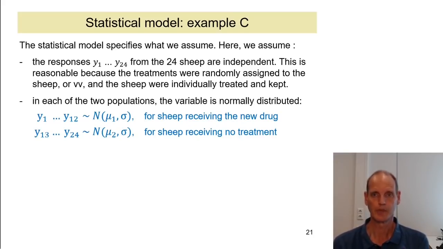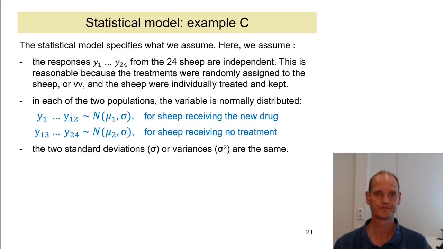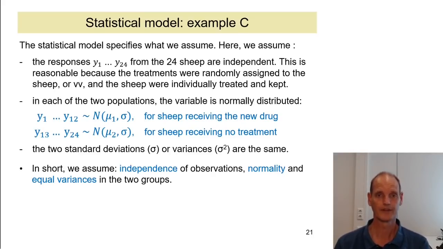In each of the two populations, the variable is normally distributed. That is the second assumption. The means in these two normal distributions can be different, mu1 and mu2. That's what we want to investigate. And in first instance, we will assume that the standard deviations in both groups are the same. And we indicate that standard deviation by sigma. So we can either say the standard deviations are the same or the variances sigma square are the same.